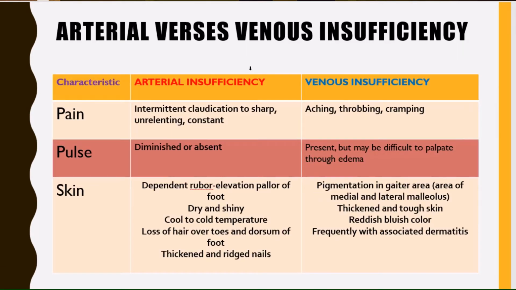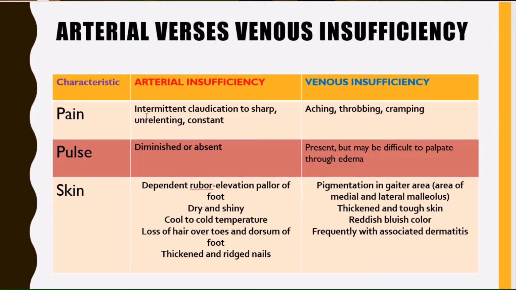So this is a comparison of arterial versus venous insufficiency, the characteristics of pain, pulse, and the skin. The classic characteristic of pain in arterial disease is intermittent claudication, a sharp, unrelenting, and constant pain.